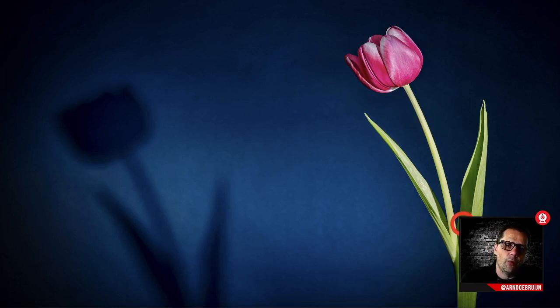What we did is we lit the tulip from the other side, from here, and it creates a shadow. We used a speedlight with a Magsphere, so the shadow is a little bit softer. If we don't use the Magsphere, the shadow will be a little bit harder.